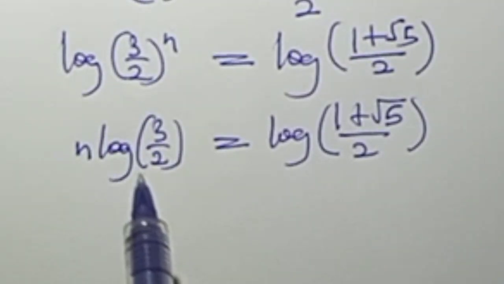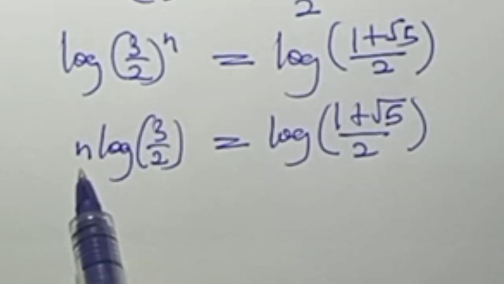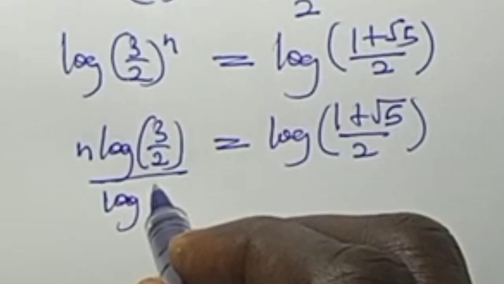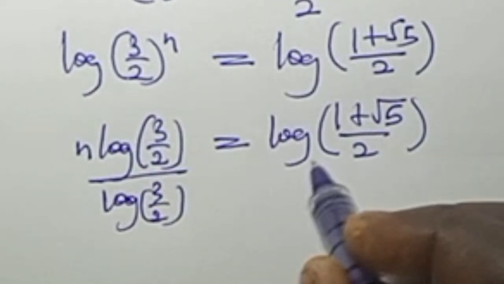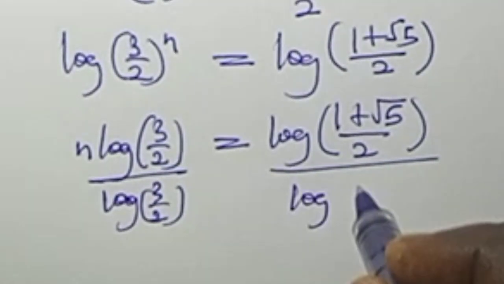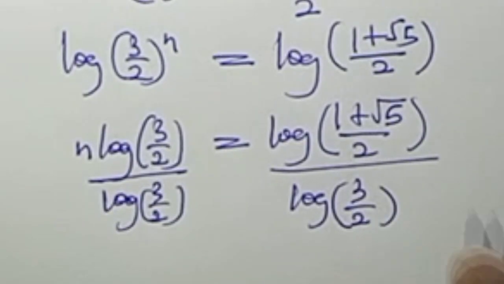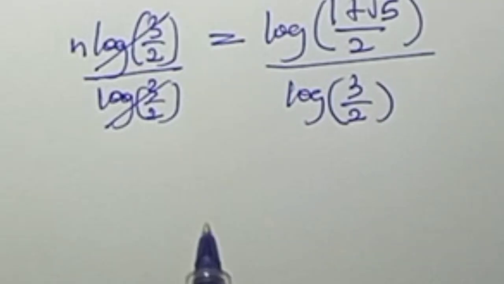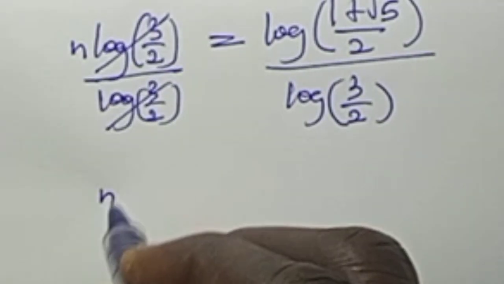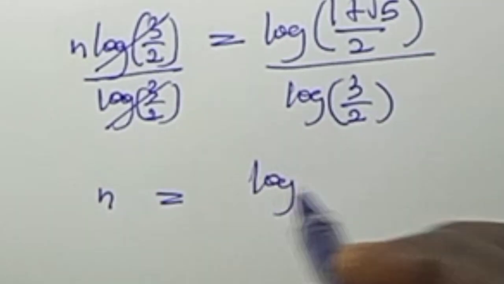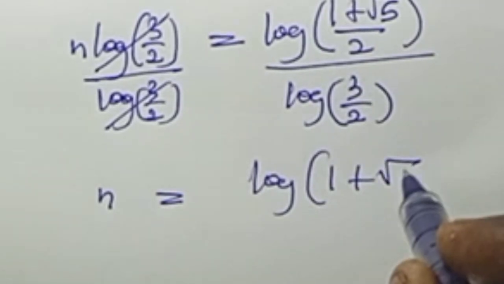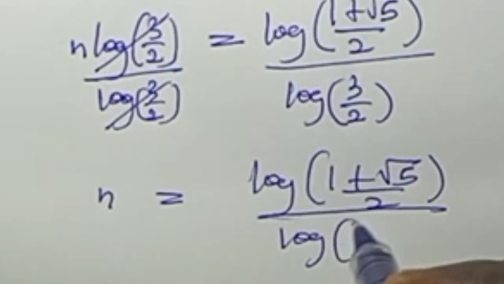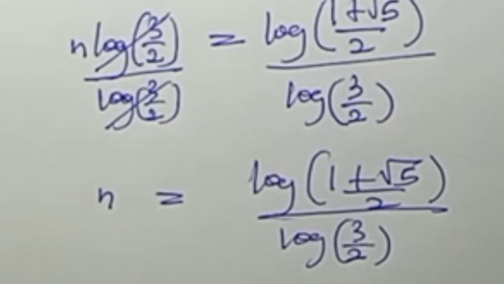And again, we can divide both sides by the coefficient of n, which is log 3/2. So here, log 3/2 cancels out to give us 1, and 1 times n is n. So n equals log of (1 plus square root of 5 over 2) all over log 3/2.